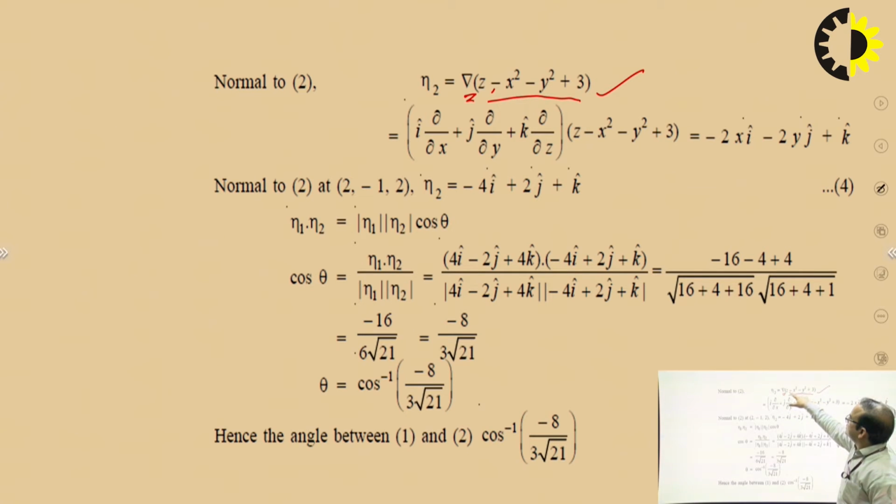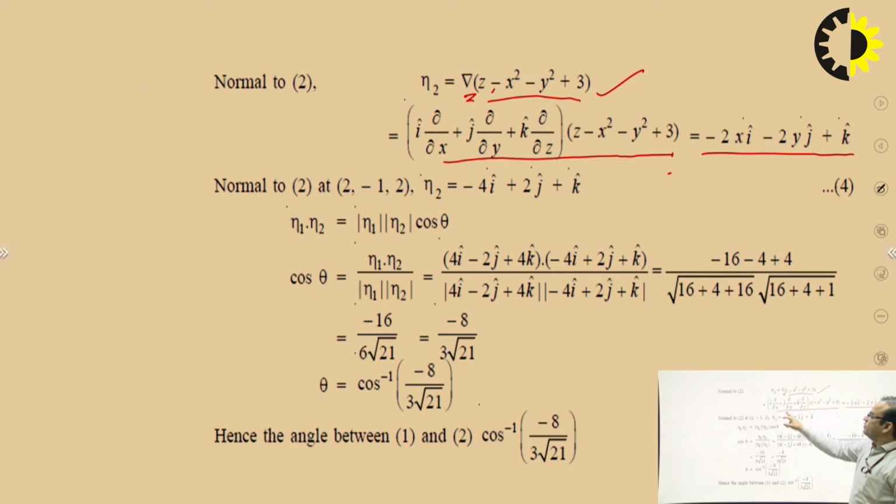The second surface is z minus x square minus y square plus 3. Then operate the definition of del, that is the vector differentiation, on this, and you will get a result like this. Corresponding elements will be differentiated partially with respect to x, y and z.